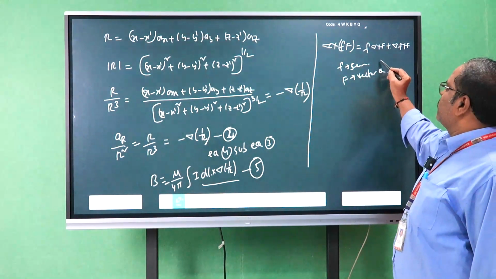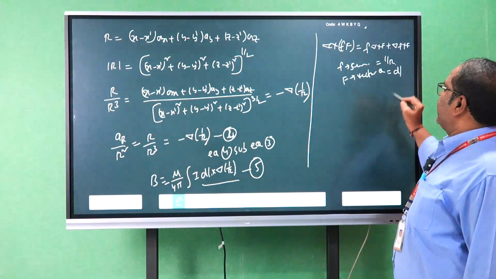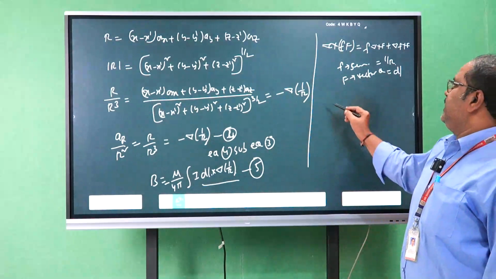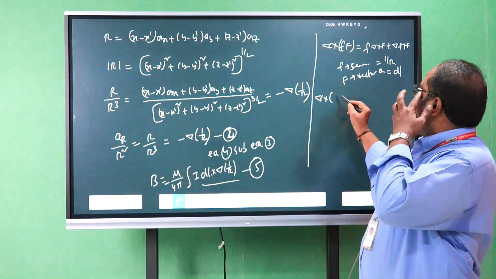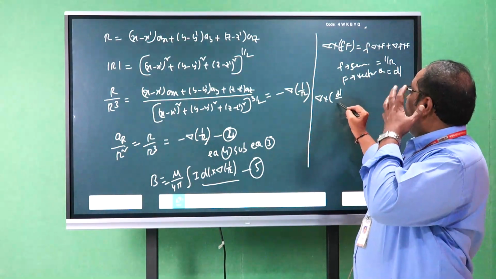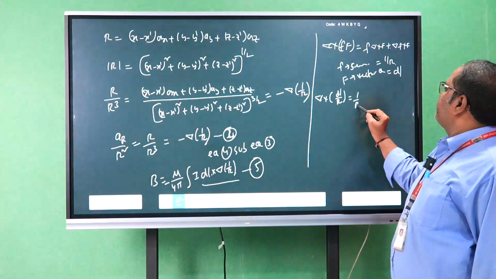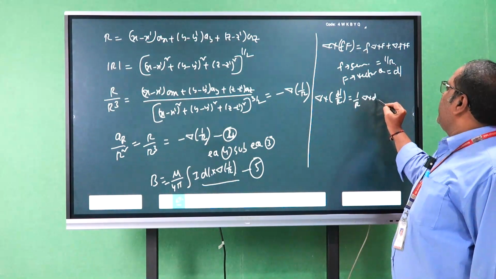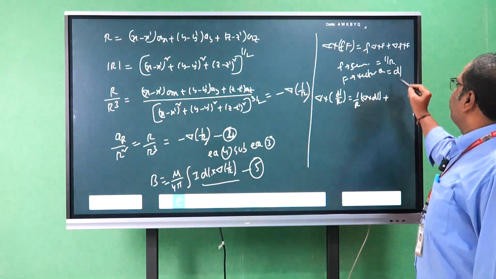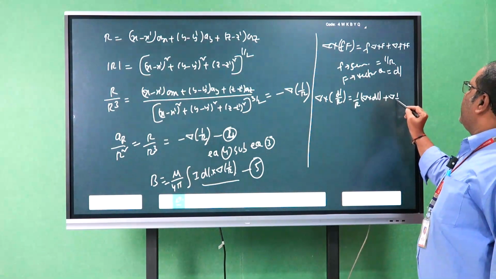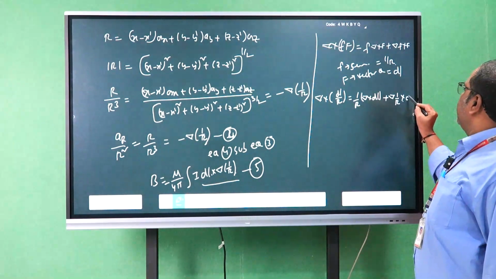Therefore, take f equal to 1 by r, and capital F equal to dl. Substitute into the above equation. Therefore, del cross (f F), with f = 1/r and F = dl, is equal to (1/r) del cross dl plus del(1/r) cross dl.